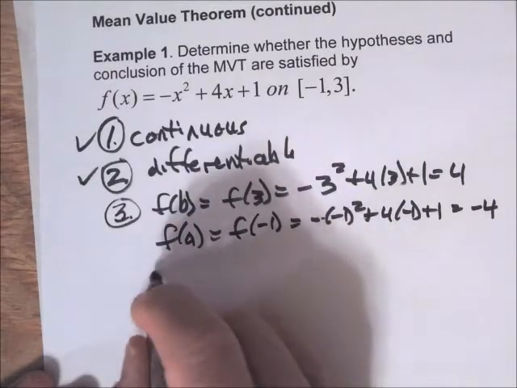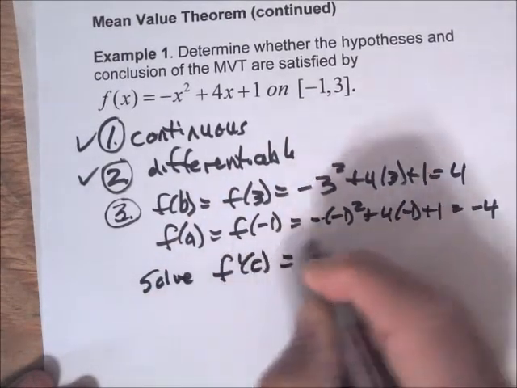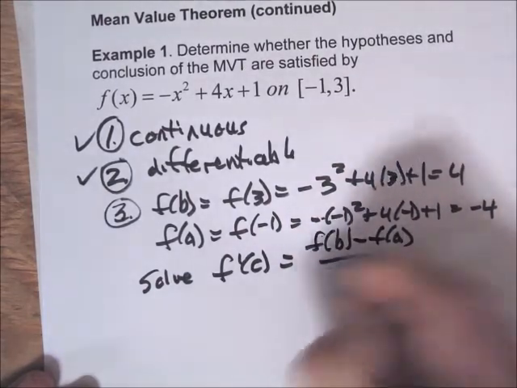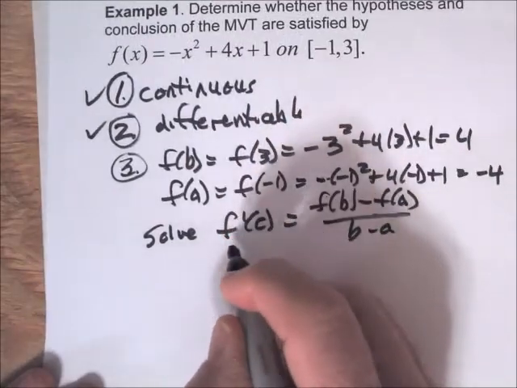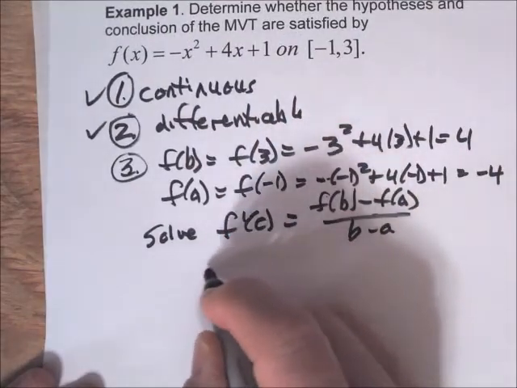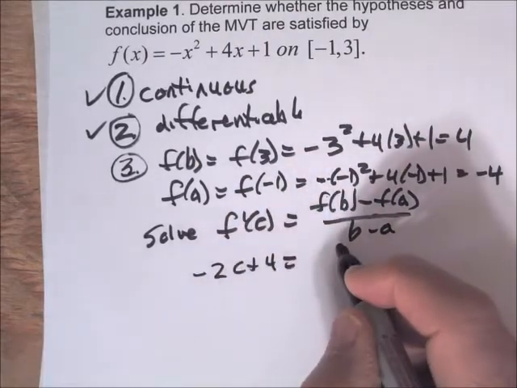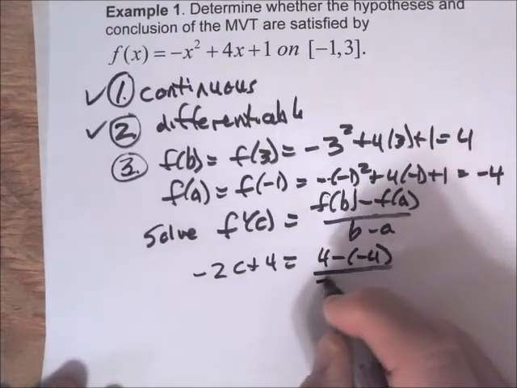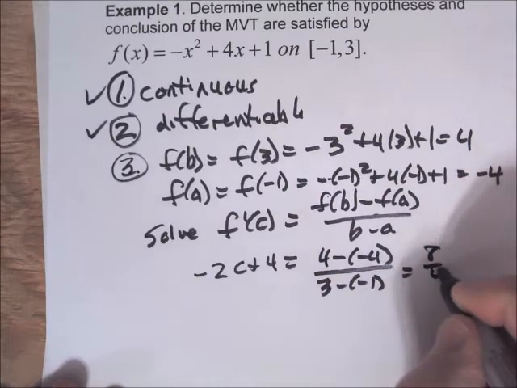So we want to solve f prime of c is equal to f of b minus f of a over b minus a. So f prime of c is going to be minus 2c plus 4, taking the derivative. It's going to be 4 minus a negative 4 over 3 minus negative 1. That's going to be 8 over 4, which is 2.